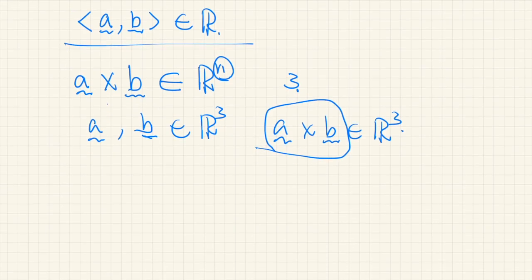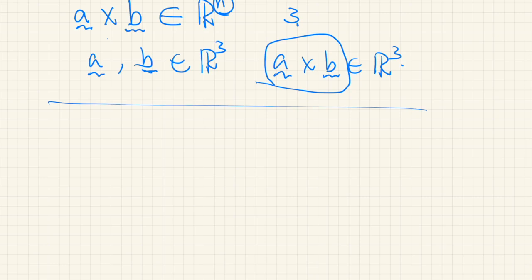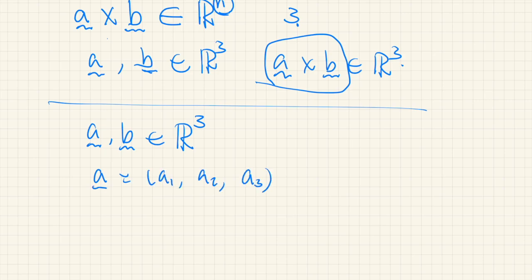So here's the definition of the vector product. Let A and B be three-dimensional vectors, and let's say their components are as follows: A1, A2, A3, so we consider row vectors here, and B1, B2, B3.